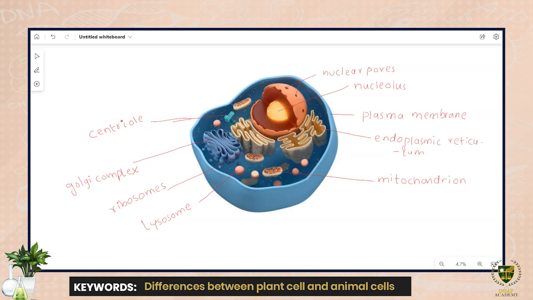These are the ribosomes, and this whole is called the cytoplasm. Clear? So that is basically a typical animal cell.